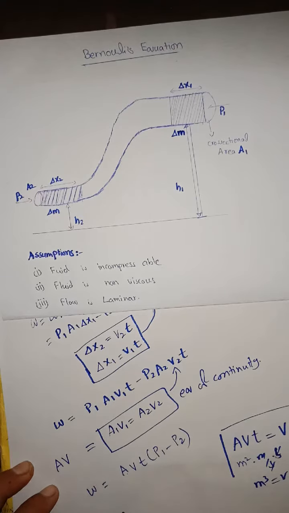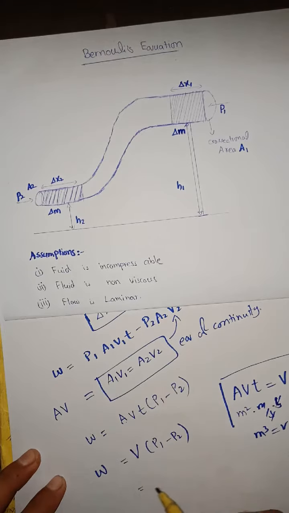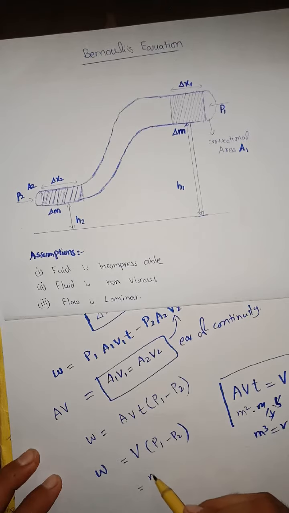So we can write here volume into P1 minus P2, and we can write that volume is equal to mass by density. So the above equation will get this form.